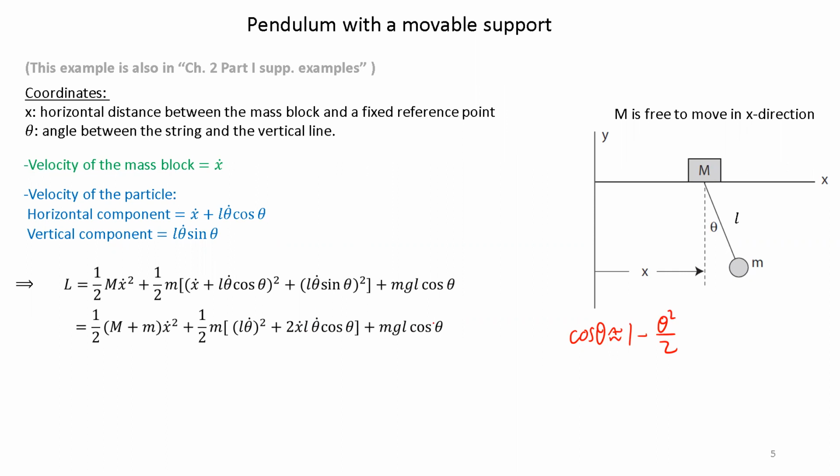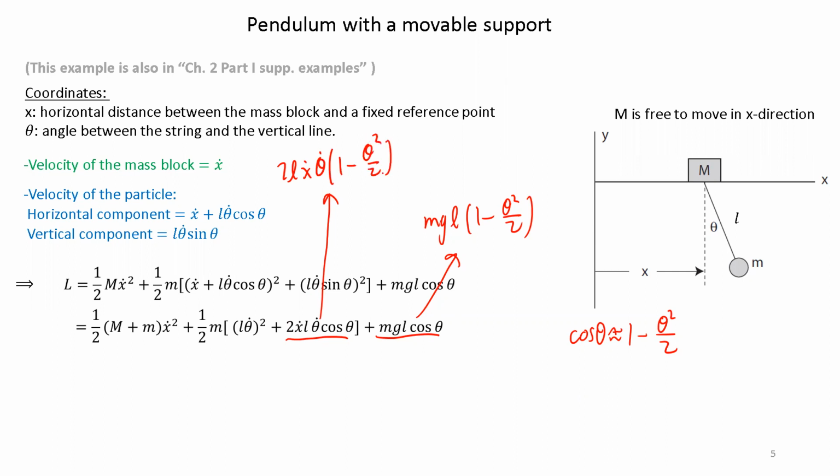Now I want you to focus on this term and this term. This one would be just MGL times 1 minus theta squared divided by 2. And this one needs a bit more care. I have 2L x dot theta dot times 1 minus theta squared divided by 2.